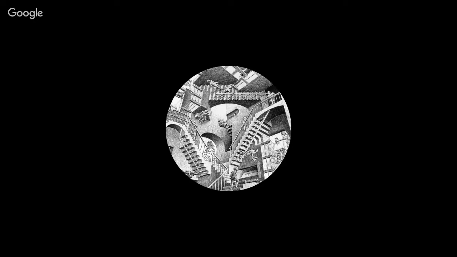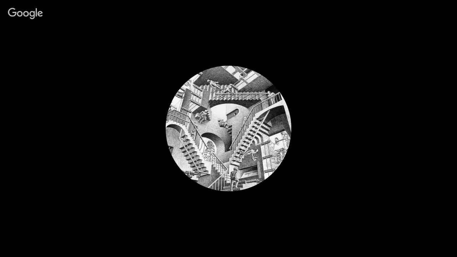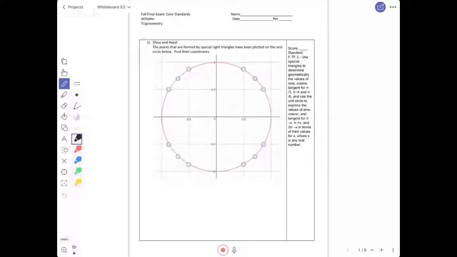So let's see. Shiva and Hazel wrote the first question. The standard was on using special triangles to find values on the unit circle. The question says the points that are formed by special right triangles have been plotted on the circle. So I know that this first angle is 30 degrees.